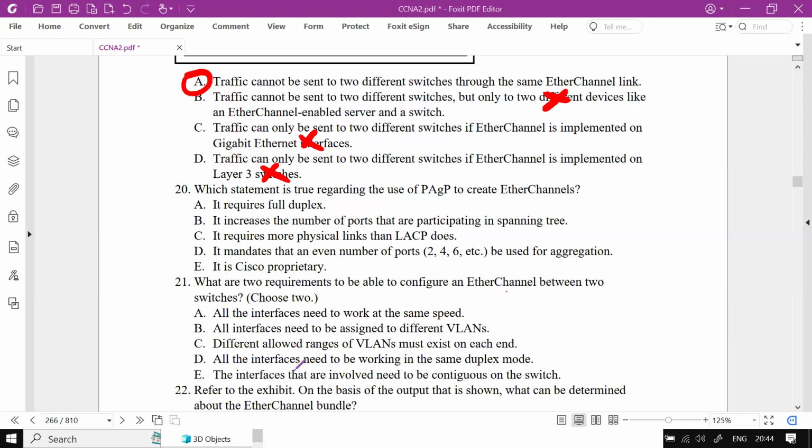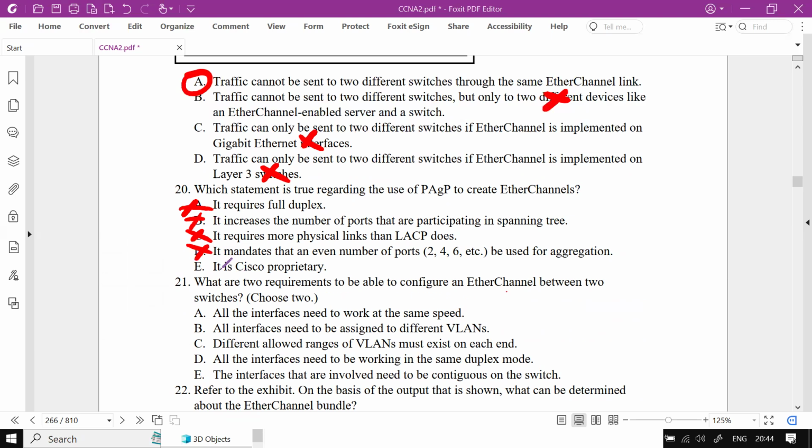It requires both ends to have the same duplex settings. Half duplex can still work. It increases the number of ports. No, ports are not increased. It requires more physical links. It mandates an even number of ports.